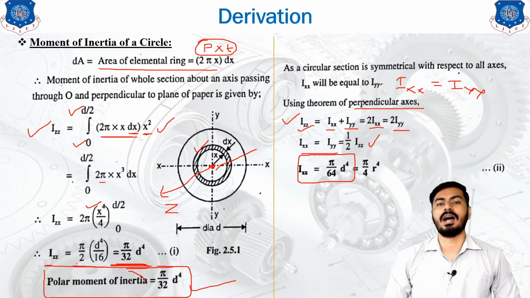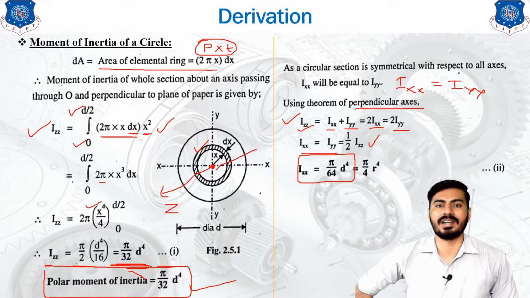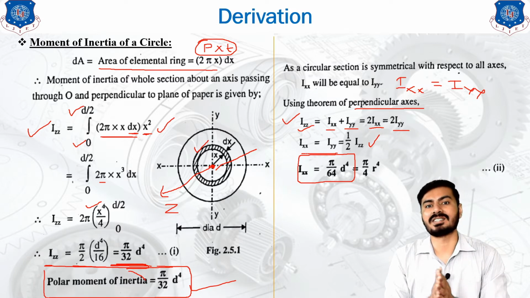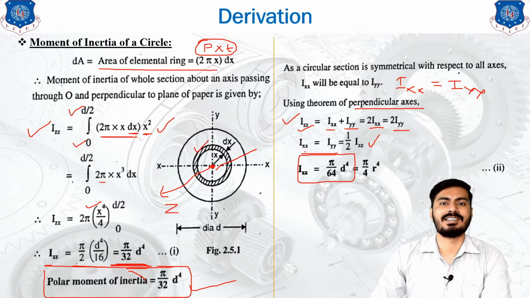If you remember this formula, it will be easier to calculate the moment of inertia of the circle about the x and y axis passing through the center. So this was the basic derivation for a circle.